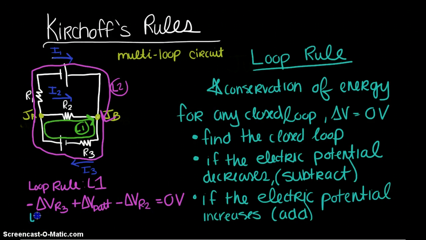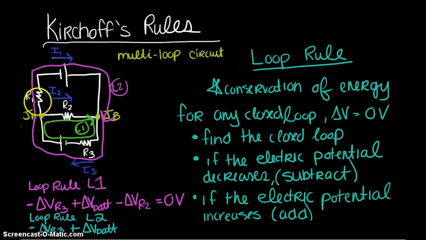Let's do the loop rule for loop 2. I'm going to start in this same spot here, and we come down. We're going to need, again, delta V across R3. That's going to be subtraction. We're getting to a battery, so we're going to add the delta V across the battery.